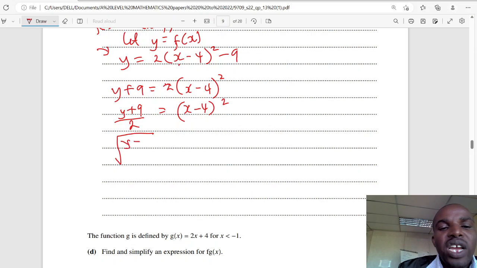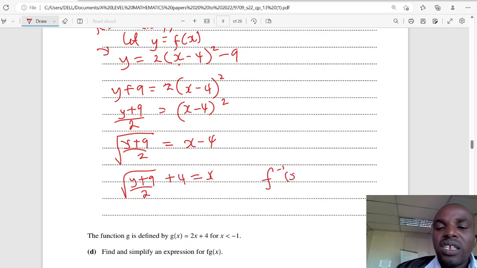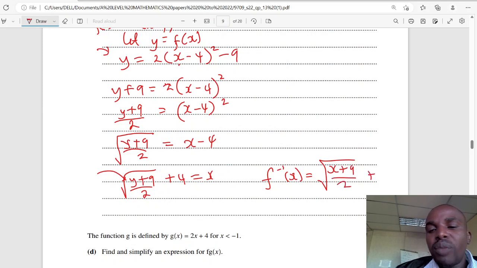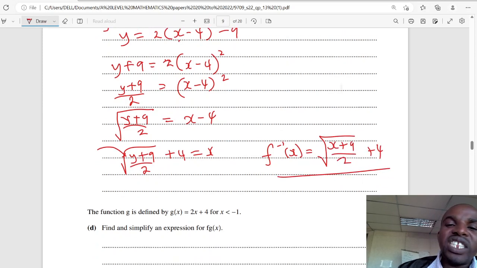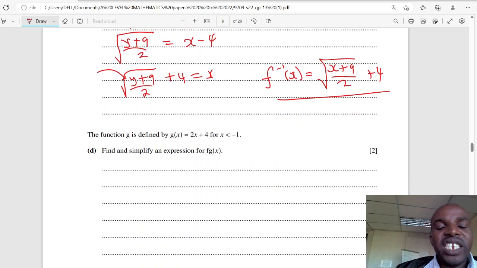So it will be square root of y plus 9 over 2 equals x minus 4. Then take 4 to the other side. It will be root of y plus 9 over 2, then plus 4 equals x. Then your inverse f of x, where there's y you just put x. So it will be square root of x plus 9 over 2, then plus 4. So this will be the inverse. Done.